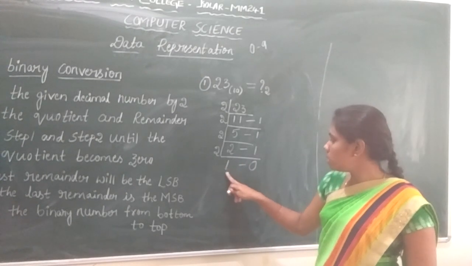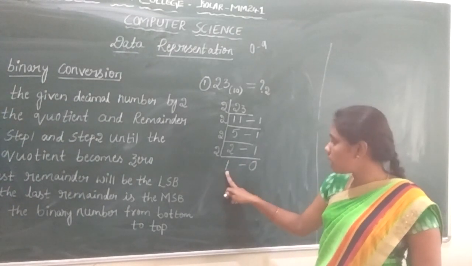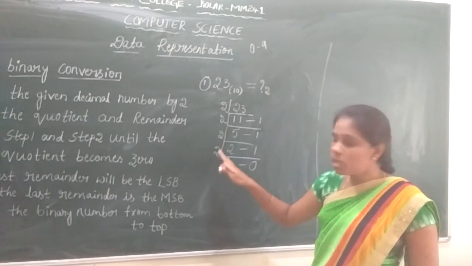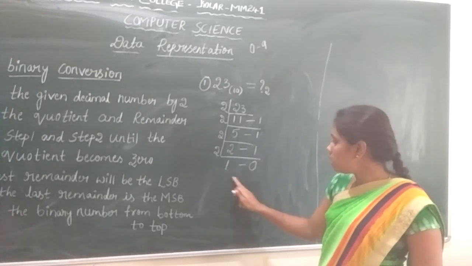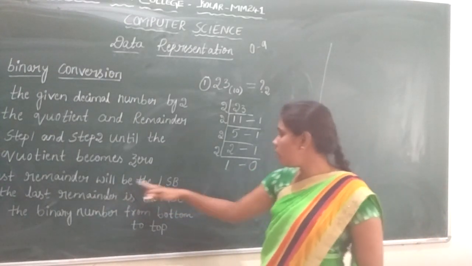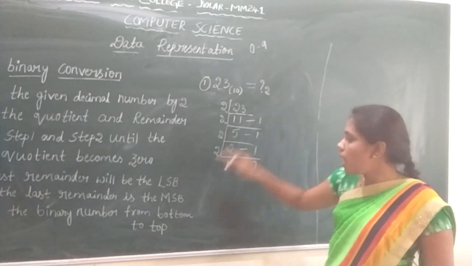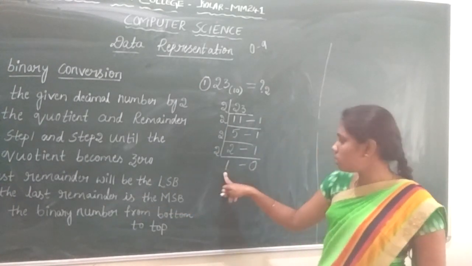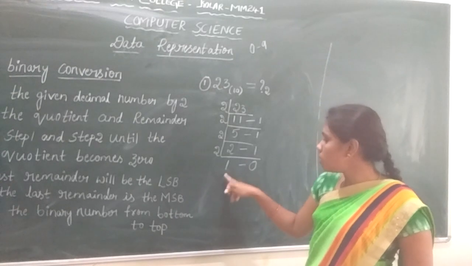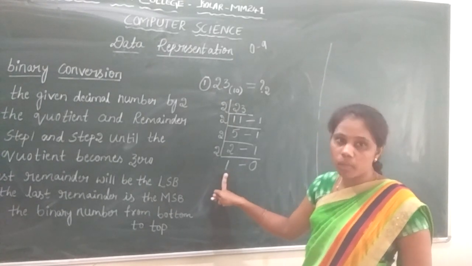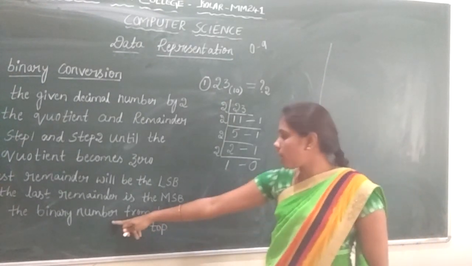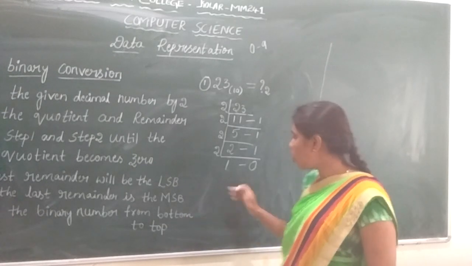Now see, this is your final value, so 1 cannot be further divided by 2. So you can stop here and write down the remainders. The first remainder will be your LSB, least significant bit, and the last remainder is the MSB. Now write the binary number from bottom to top.